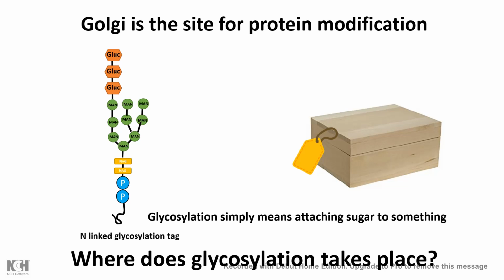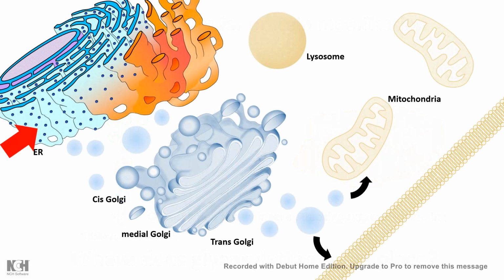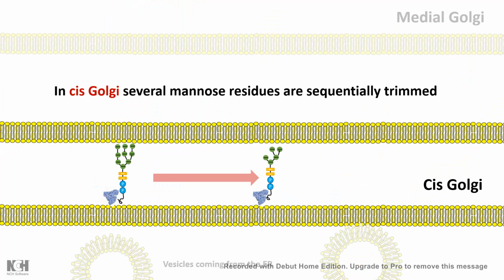Now, first we should ask where this glycosylation takes place. It turns out glycosylation starts in the endoplasmic reticulum, but quite a lot of it happens in the Golgi networks. In the Golgi networks, there are enzymes which ensure that several mannose residues are chopped off from this basic tag.